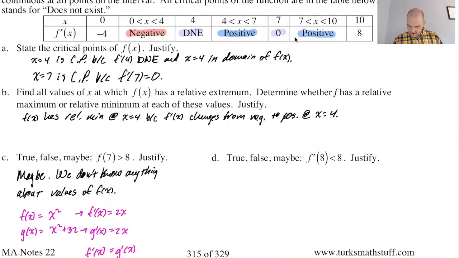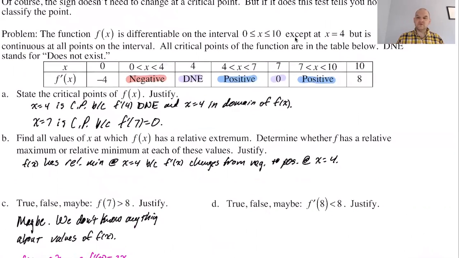Okay. True, false, maybe. F prime of 8 is less than 8. Okay, so this one's a little less clear, but it depends on how you're thinking about it. So if you notice, f prime of 10 is 8.